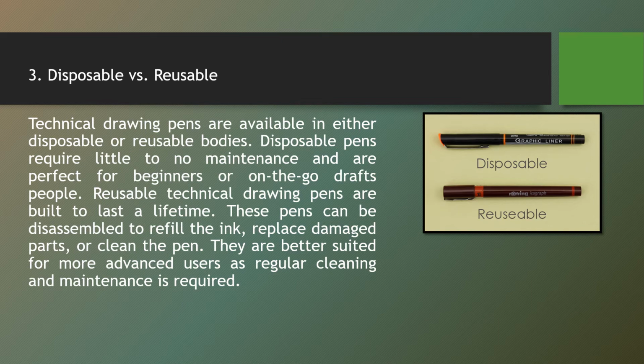Disposable pens require little to no maintenance and are perfect for beginners or on-the-go draftspeople. Reusable technical pens are built to last a lifetime. These pens can be disassembled to refill the ink, replace damaged parts, or clean the pen. They are better suited for more advanced users as regular cleaning and maintenance is required.